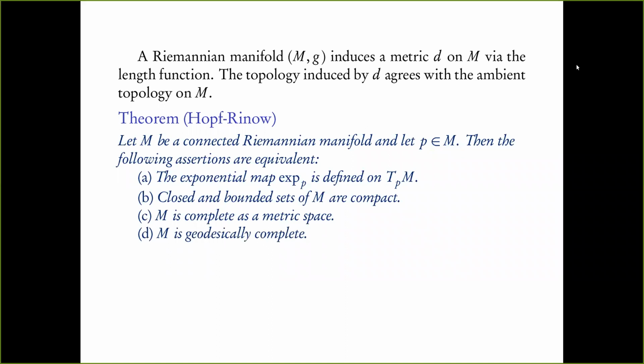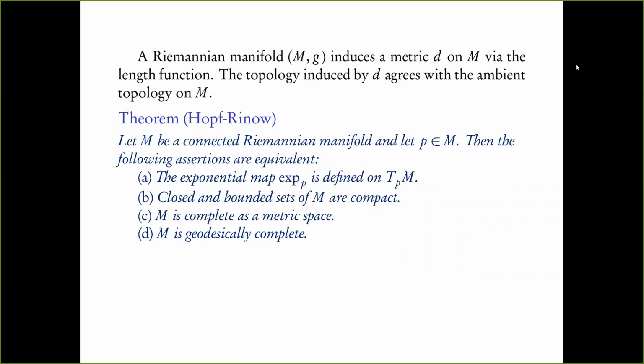And the last condition is that M is geodesically complete. So what does geodesically complete mean? We know that geodesics exist for small times, simply because you can solve the differential equations locally. So geodesically complete means that if I give you an initial point and an initial velocity, that geodesic exists for all times, for any initial data.